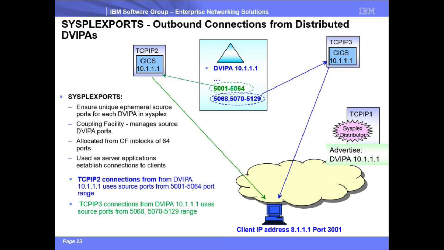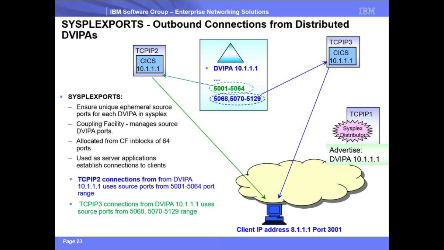Another function supported by Sysplex Distributor is SYSPLEXPORTS. And so the goal for SYSPLEXPORTS is that we want to make sure that all outbound connections from a DVIPA use a port that's unique within the entire Sysplex.